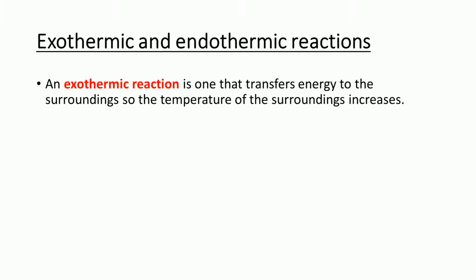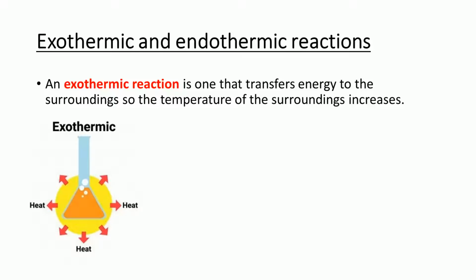Our definition of an exothermic reaction is one that transfers energy to the surroundings so that the temperature of the surroundings increases. So a reaction occurs, we've got our reactants coming together to make a product. During that interaction, energy is going out of the chemical reaction. It is exiting the reaction.